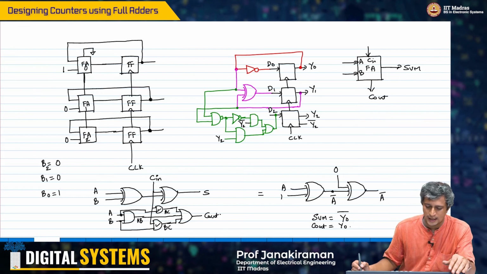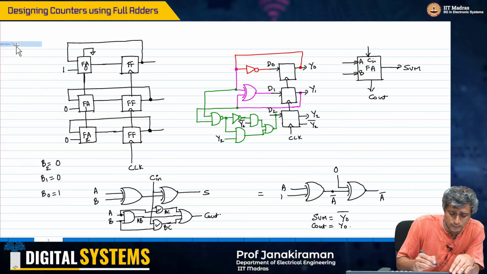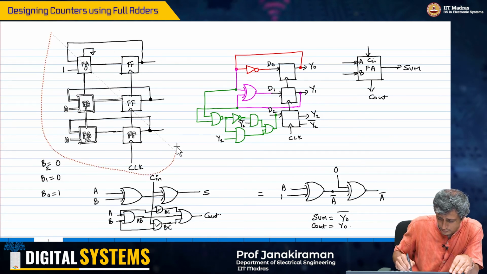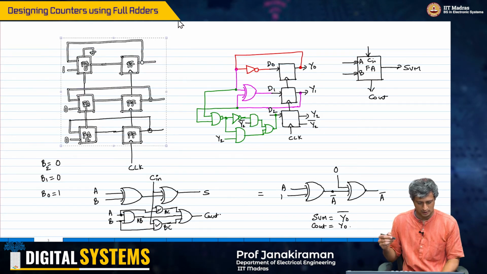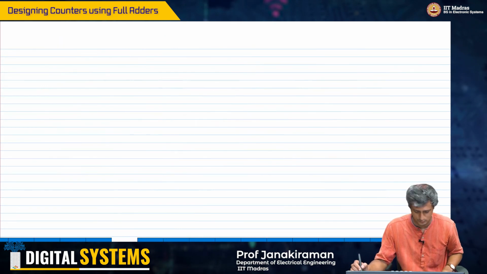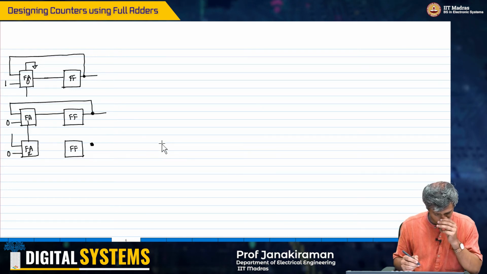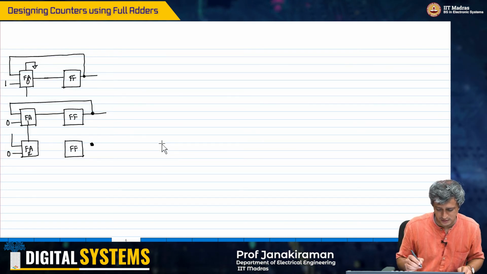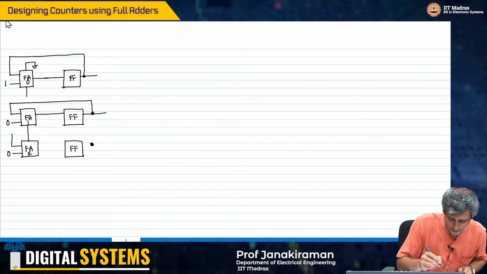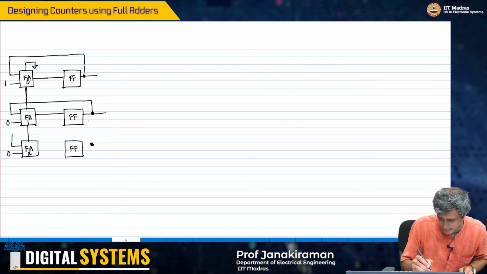So now, having set this kind of a counter, I'll show you this. If you look at this particular thing, of course the carry out is now going through like this.